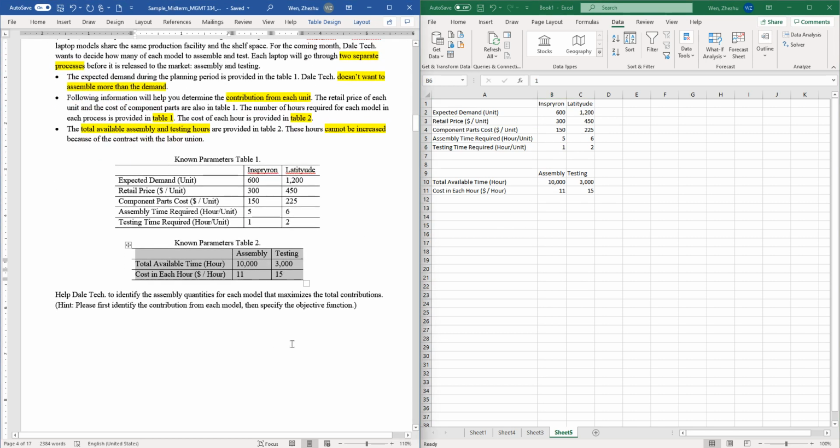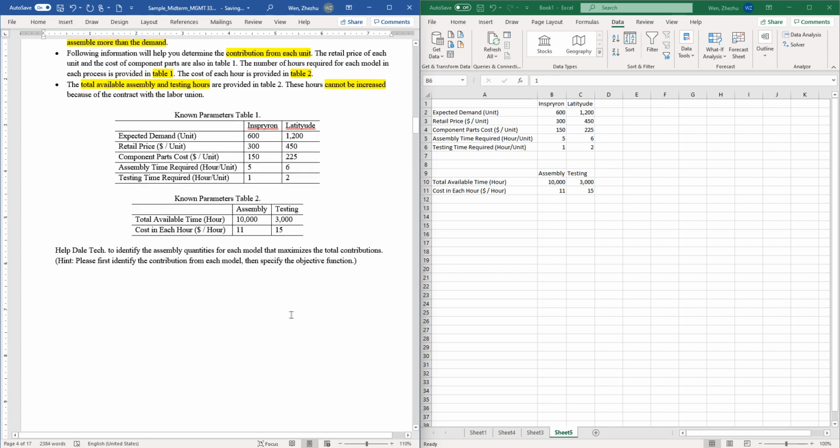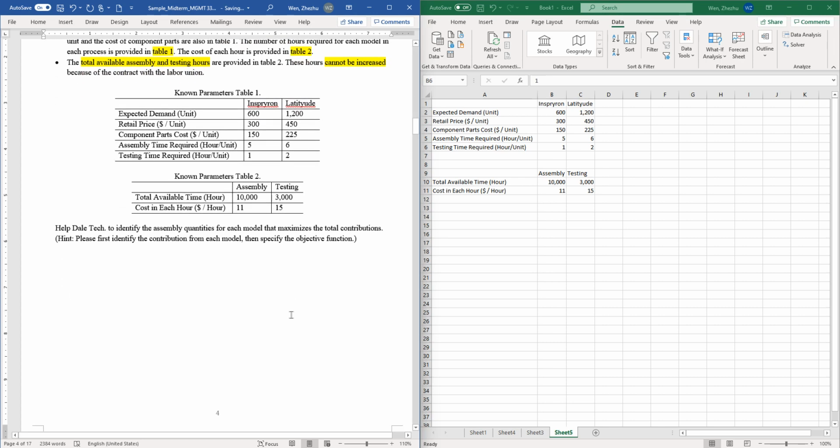So let's solve this using a linear programming approach. There are three pieces of information you need to obtain before you jump into the solver. It's always faster to solve as you spend some time to think about the question itself. The first piece of information is, do we know the parameters?